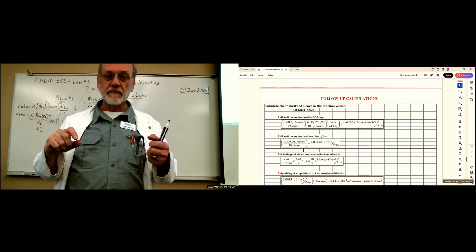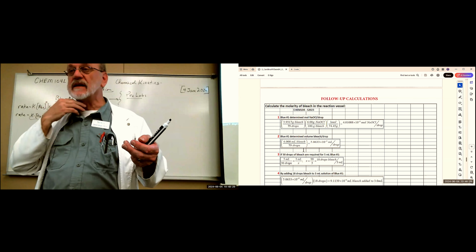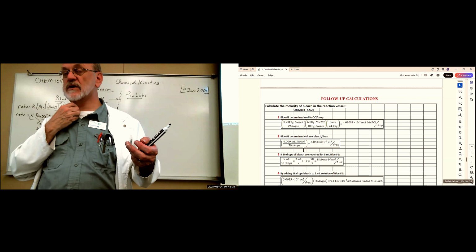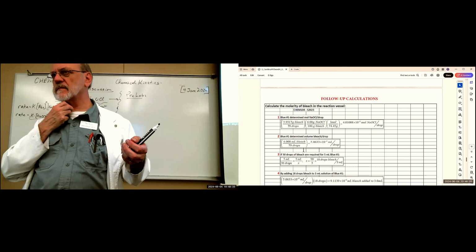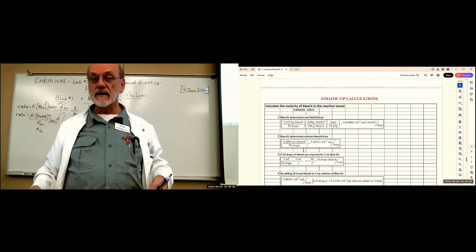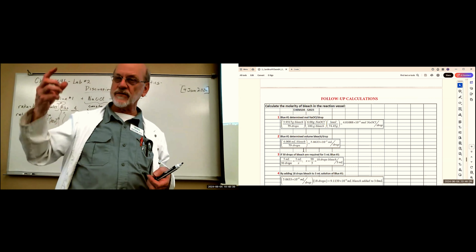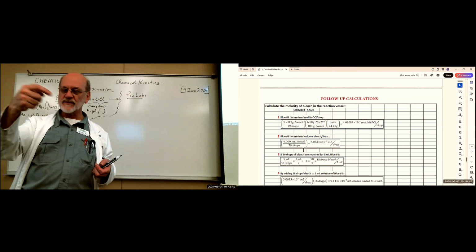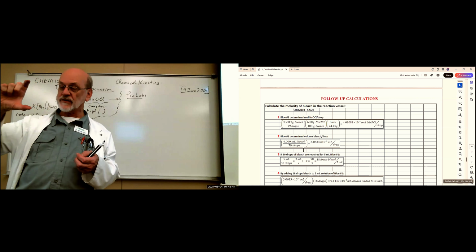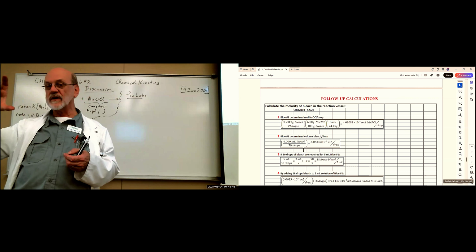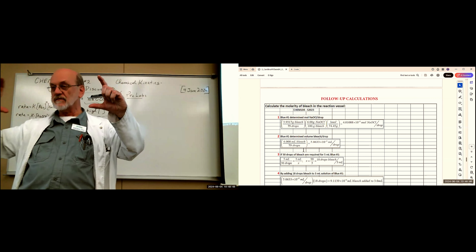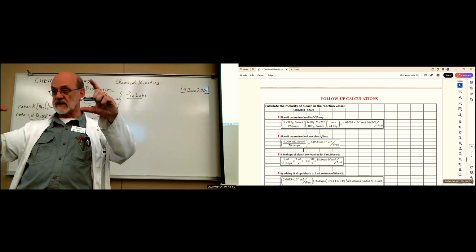Or you can take the mass of the bleach that you added and use the density, which I believe is 1.09 for this mixture, and calculate the milliliters per drop. Then you know that if you add 30 drops, it's 30 times that value plus the 3 milliliters is the total volume. Now you have the moles of bleach, you got the volume of bleach, volume of the container.